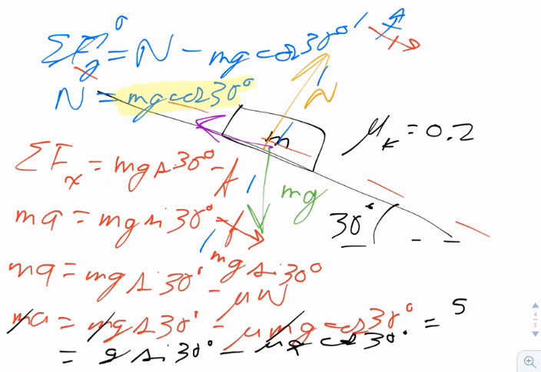And mu times g would be 2, times cosine of 30 would be roughly 1.7. I'll just round it to 1.7 for now, which means that the difference is approximately 3.3 meters per second squared, and I should have left room to write the direction, which of course is down the incline.